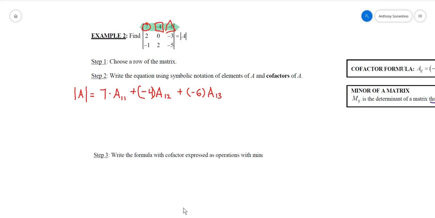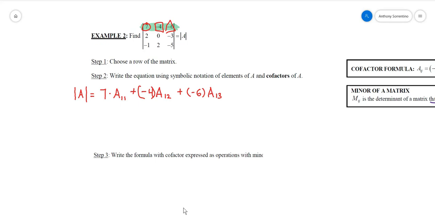Now each one of those gets expanded a bit further, and that's what step 3 is going to ask you to do. So we're just writing it with these cofactors in mind, but now we have to actually work out what these cofactors are in terms of their minors.